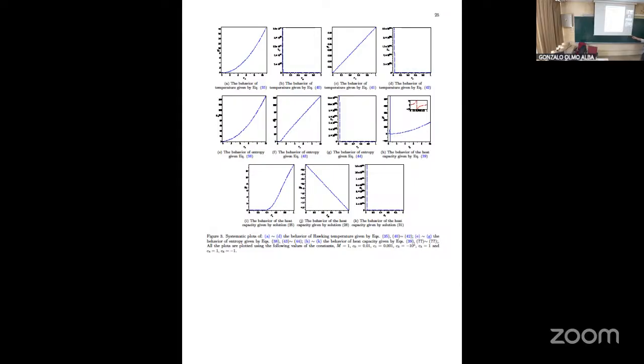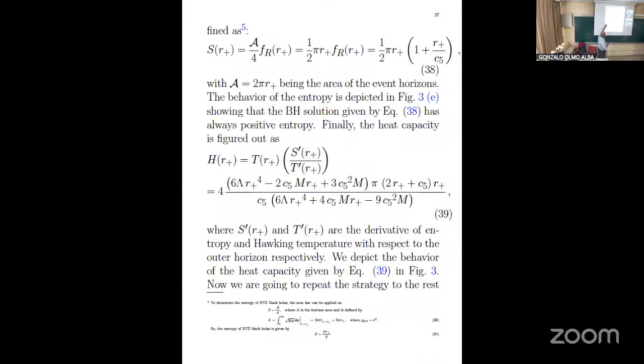As we see, the heat capacity has a positive pattern. So this means that the solution is stable. If the heat capacity has a positive pattern, this means that the solution is stable. These are the plots of the calculations done in this section.